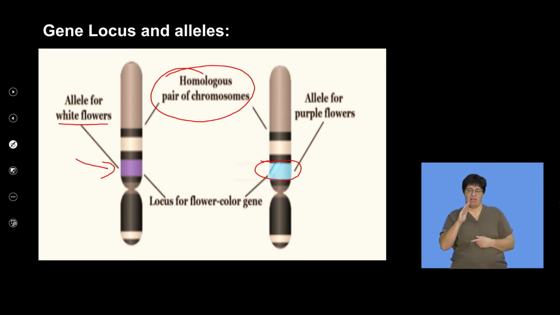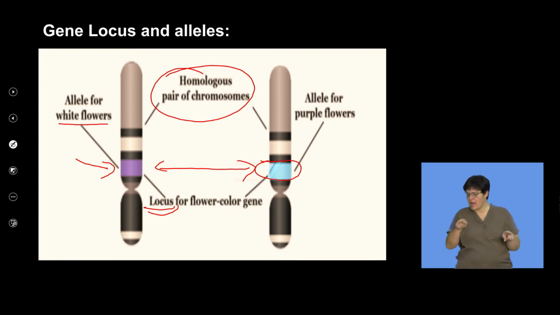What is important is that we understand the concept of the location for this specific gene, and we use the term locus. By illustrating the position of a locus, I'm using this image to show you where that specific gene is found.